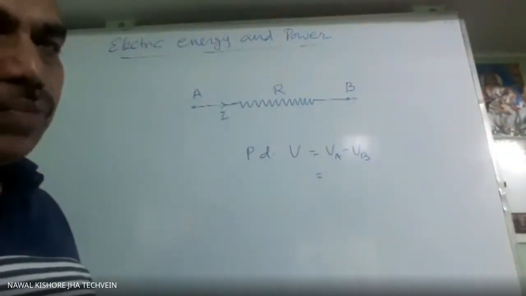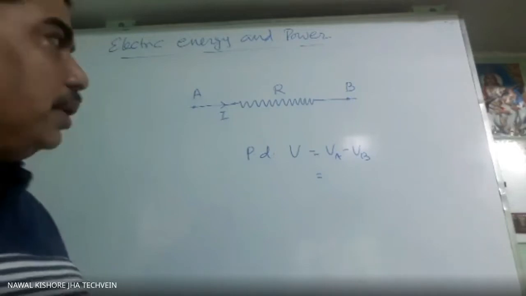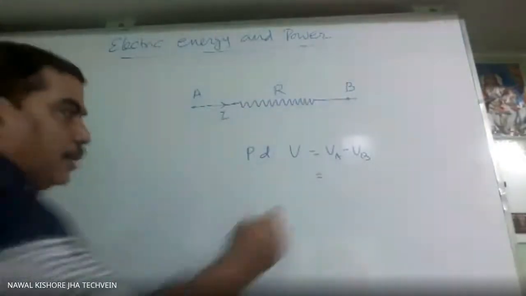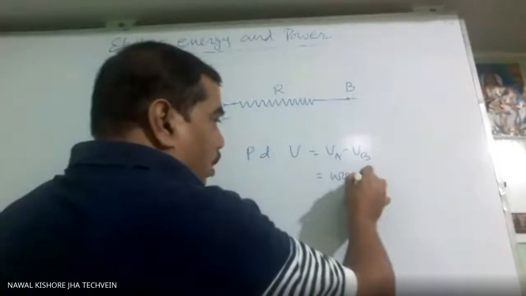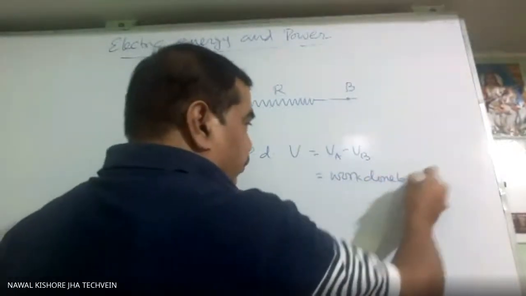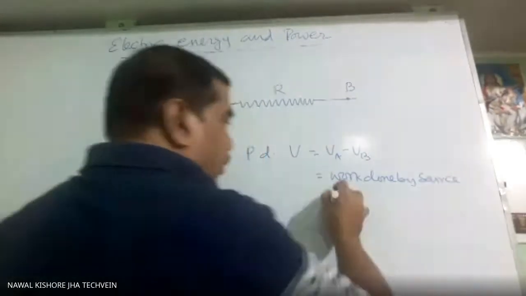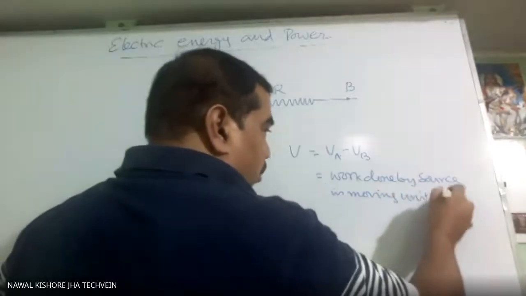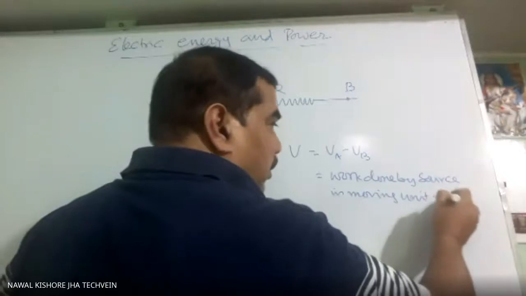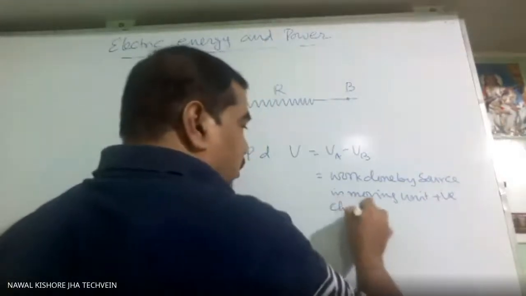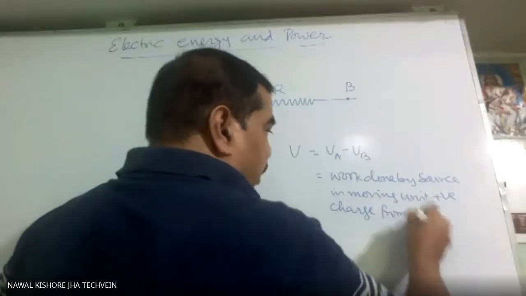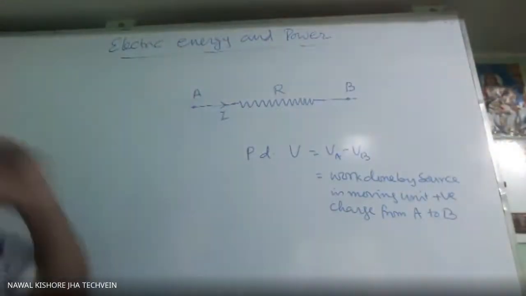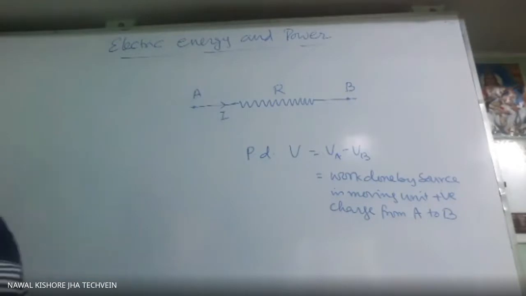It is the work done by the source in moving unit positive charge from A to B, because we have fixed the direction, unit positive charge from A to B. This way we can find the potential difference.